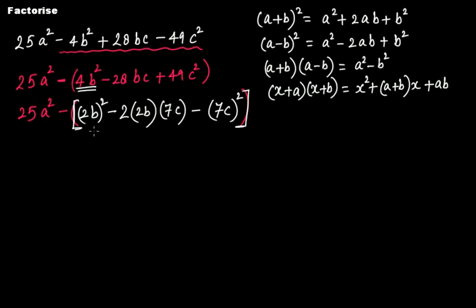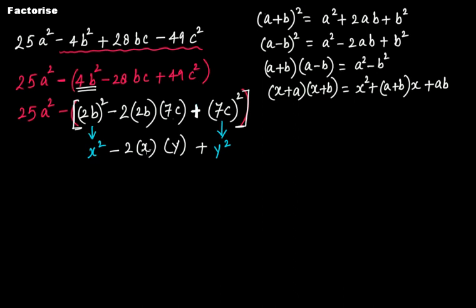Now if you look at this one carefully, if you take 2b as x, then this is x squared, 7c as y, then this is y squared, right? Sorry, here we should have plus. This is not minus, this is plus, and this is minus 2xy, because we have taken 7c as y and 2b as x.